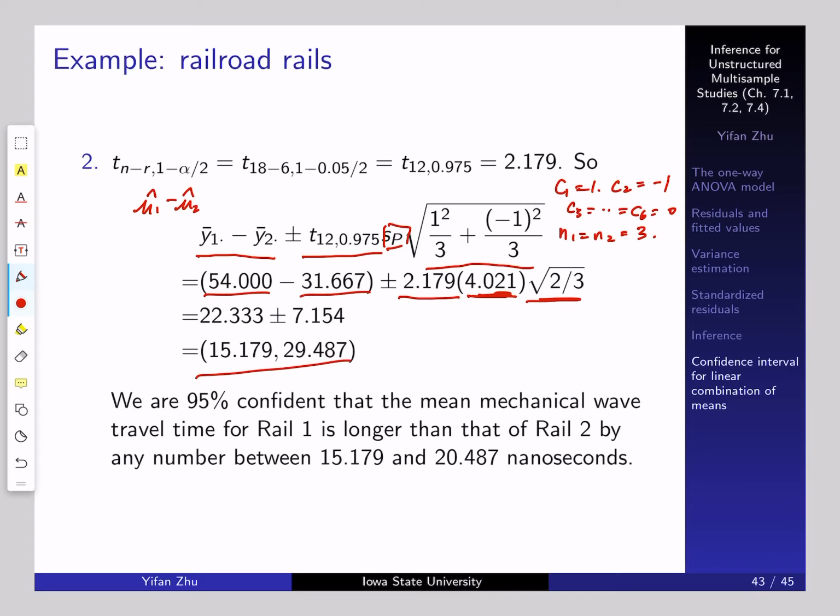Then you get this confidence interval: 15.179 to 29.487. So we are 95% confident that the mean mechanical wave travel time for rail 1 is longer than that of rail 2, because the confidence interval is positive, by any number between 15.179 and 29.487 nanoseconds.